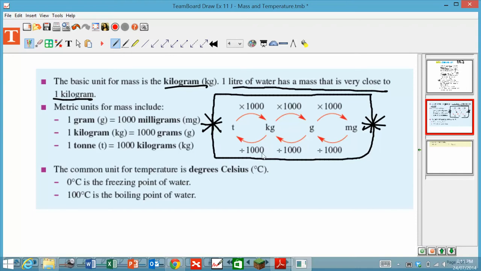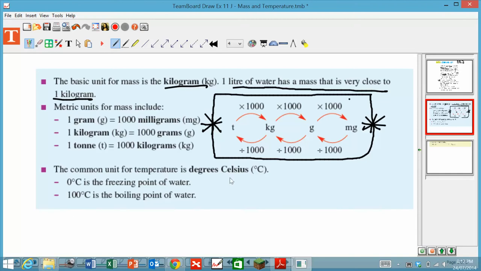Very similar to our last one, whichever way you go, from smaller to larger or larger to smaller, you're either multiplying by 1,000 or dividing by 1,000 each time. Pretty easy one to remember, but put that onto your help sheets.